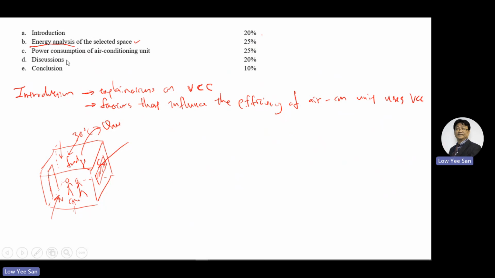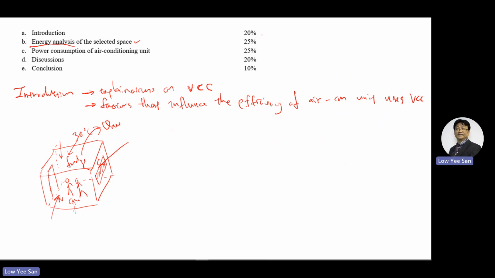Okay, and then conclusion. This one is pretty much straightforward. Discussion is always based on two aspects. First is the validity and then the limitation.